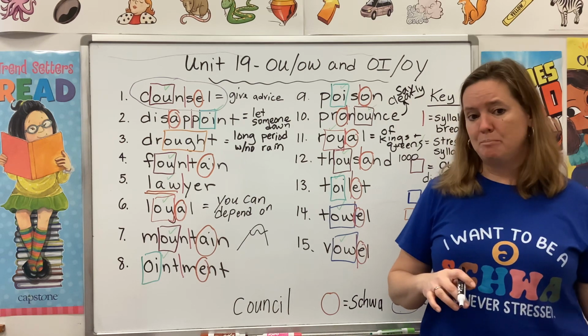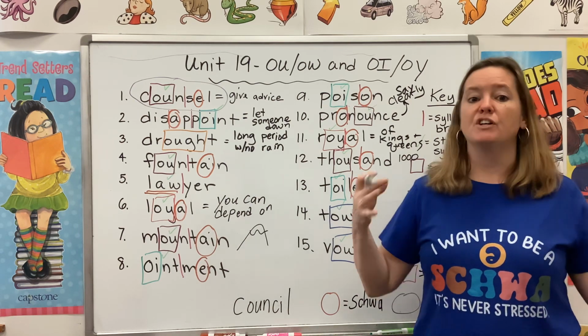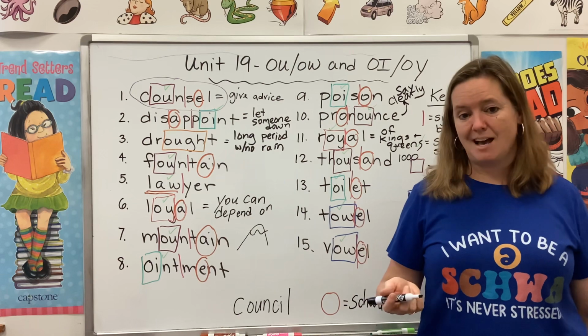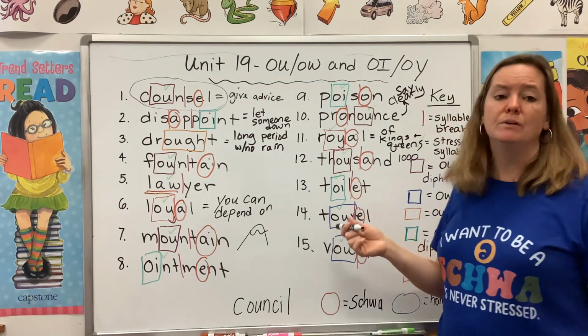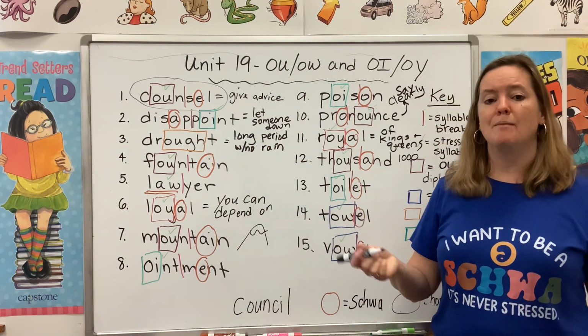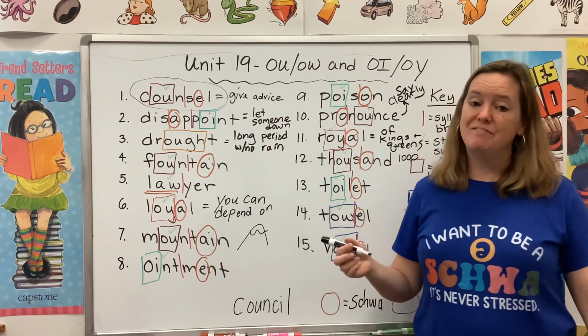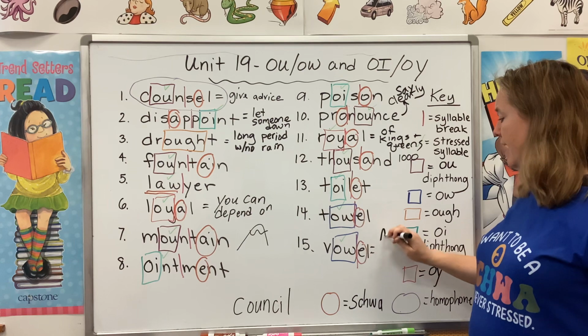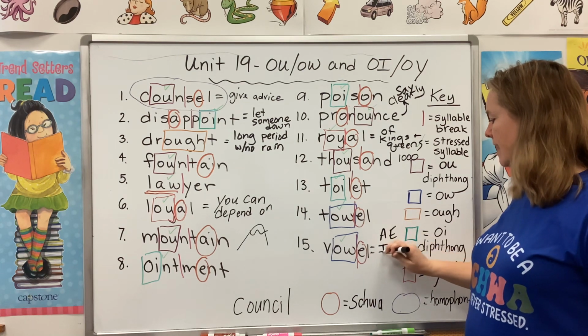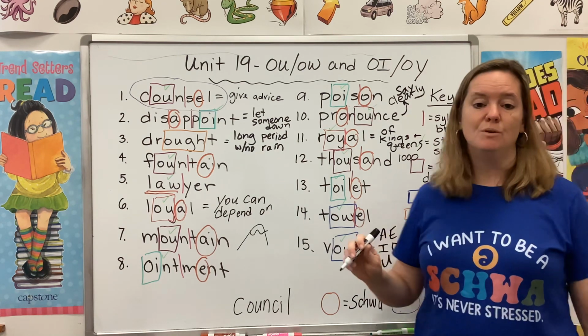If you go to the beach and you step out of the water, you're going to dry off with a beach towel. So lots of different towels, but they all have the same job, to dry things. And then a vowel. Well, there's only 5 of them, right? Those are A, E, I, O, and U.